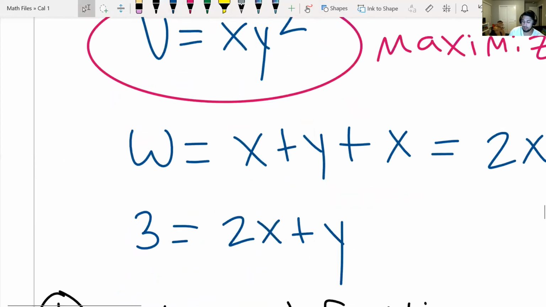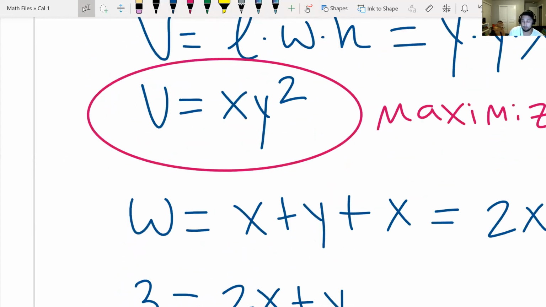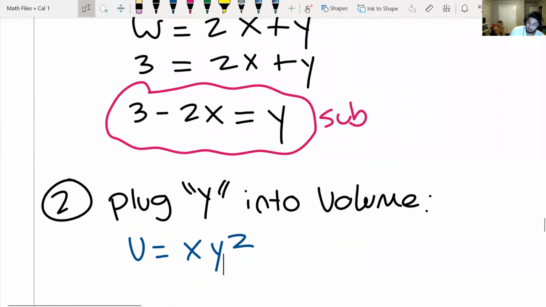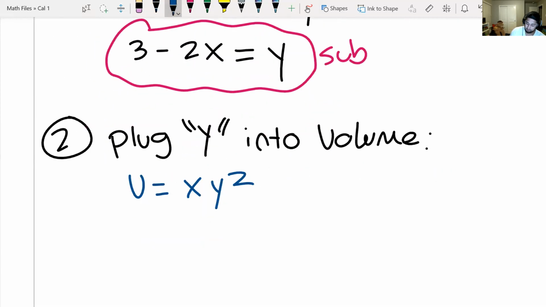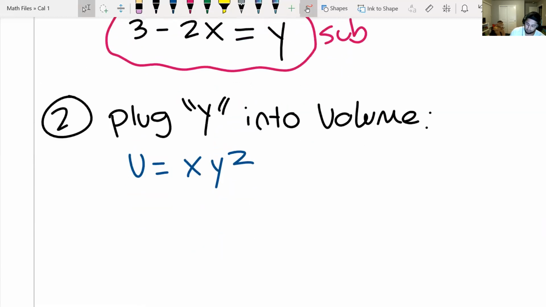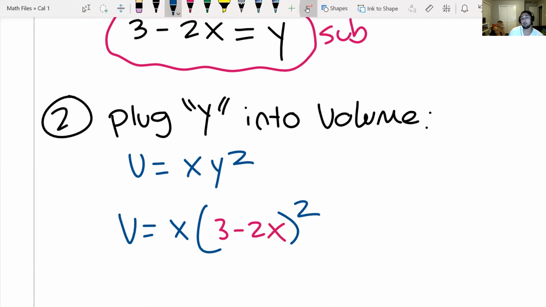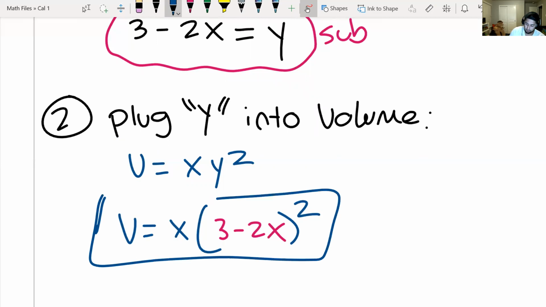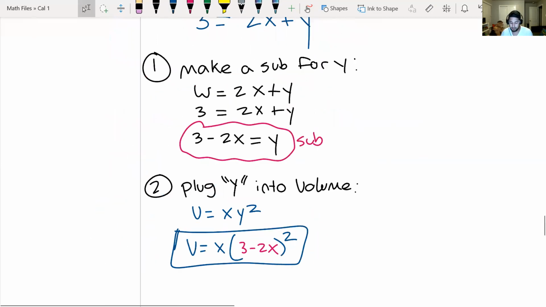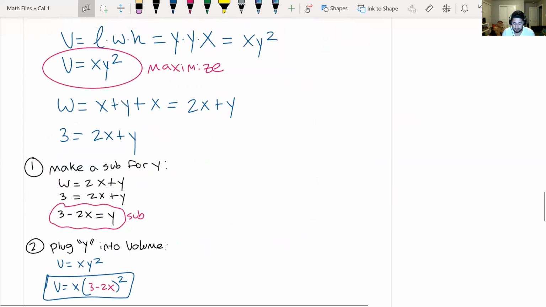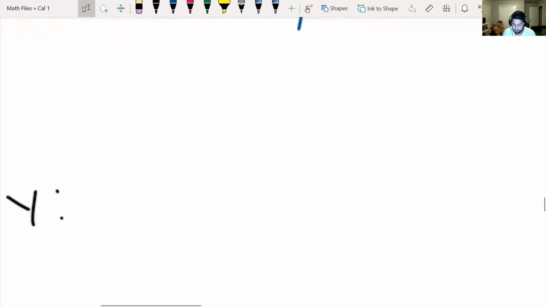So all we have to do now is plug in for volume x times my new y value of 3 minus 2x squared. Okay, so there is our new volume equation, which means we are now ready to take the derivative, which will be right here.